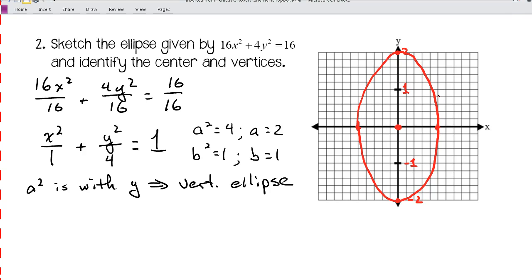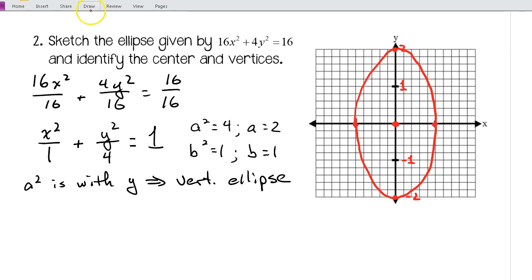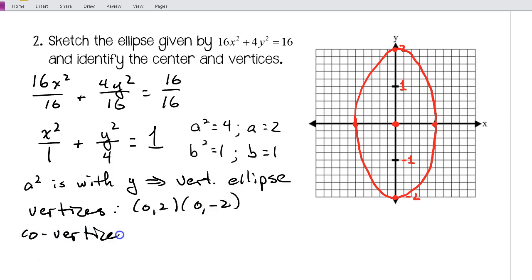And there's the sketch. So once we have a and b, if we wanted to, we could find our vertices up at the top. So vertices, that would be at 0, 2 and 0, -2. And we could find our covertices. That's using our value of b, so that's to the right 1, so that's 1, 0.